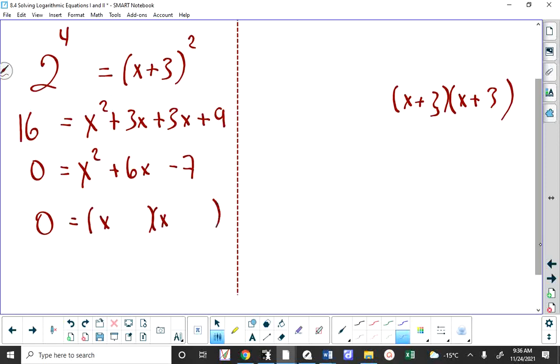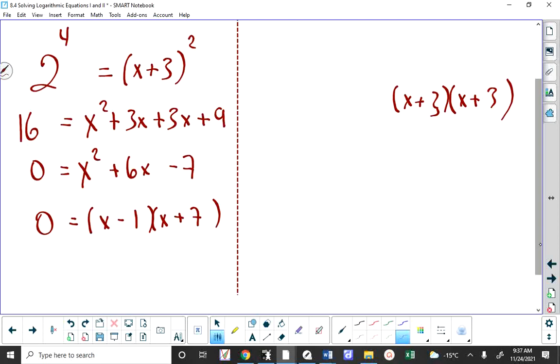Two numbers that multiply to give negative 7 and add to give positive 6 would be 7 and negative 1. I'll be honest with you, I don't think I've ever seen in Math 30-1 any logarithmic equation that turns into a quadratic equation where you'd have to use the quadratic formula. They're always factorable. That being said, I don't know, anything's possible on a diploma exam.